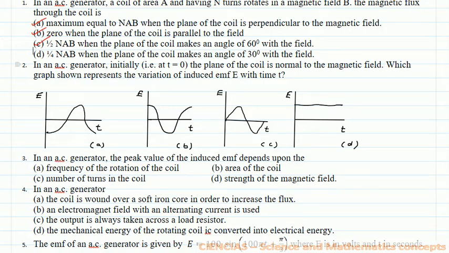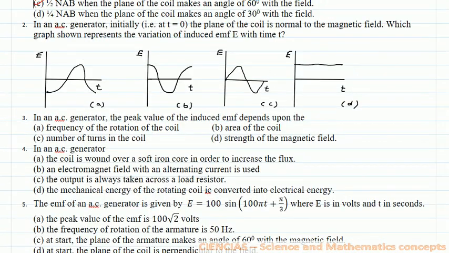Now the second question. In the second question, in an AC generator, initially at t equals to 0, the plane of the coil is normal to the magnetic field. Which graph shown represents the variation of induced EMF with time?